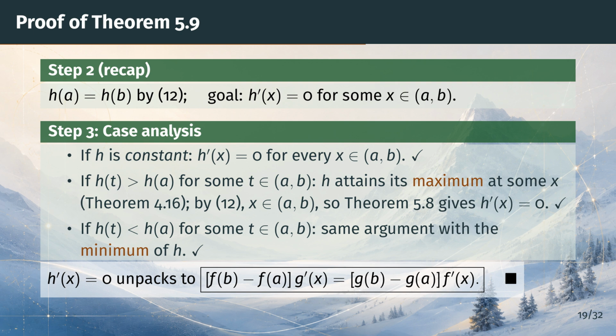Unpacking the definition of h, that equation is precisely the conclusion of the theorem, boxed at the bottom of the slide. Notice how little we assumed. No differentiability at the endpoints, and no assumption that g prime is non-zero. Next, the most famous special case.